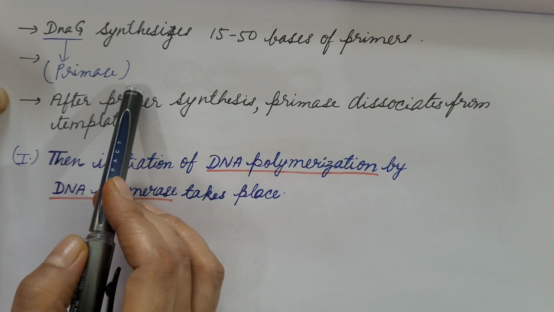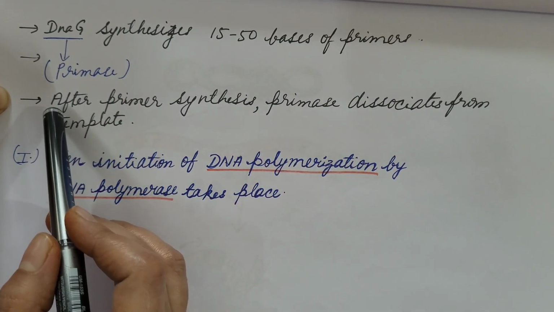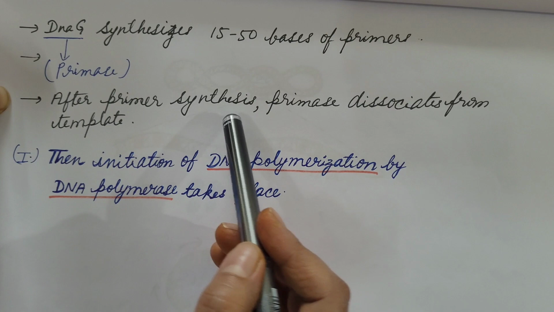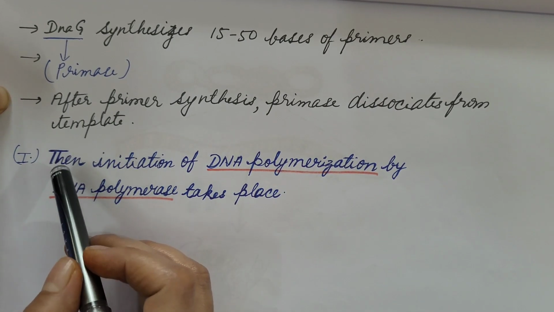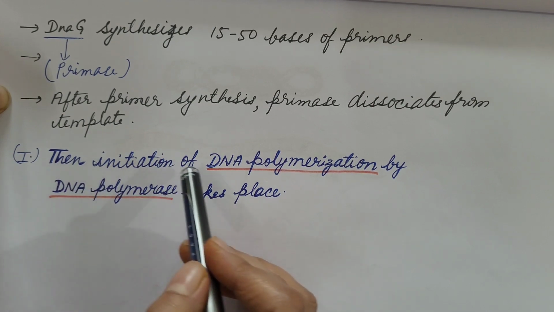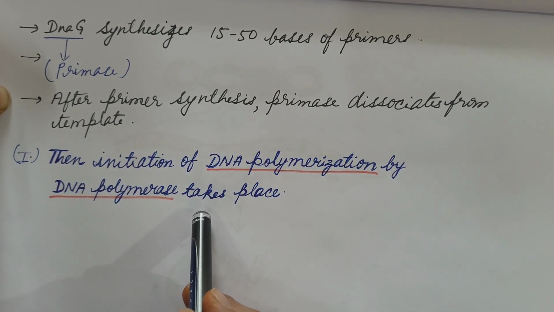DNA G, which is primase, synthesizes 15 to 50 bases of primers, and after the primer is synthesized, primase dissociates from the template.